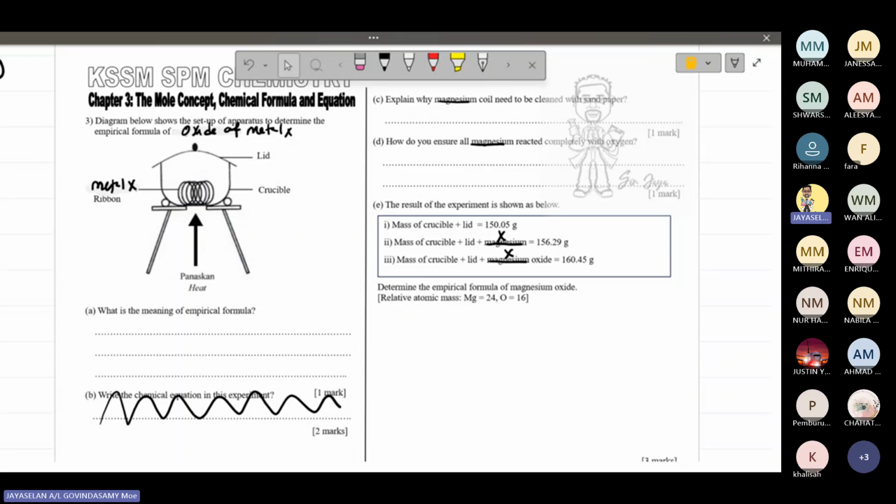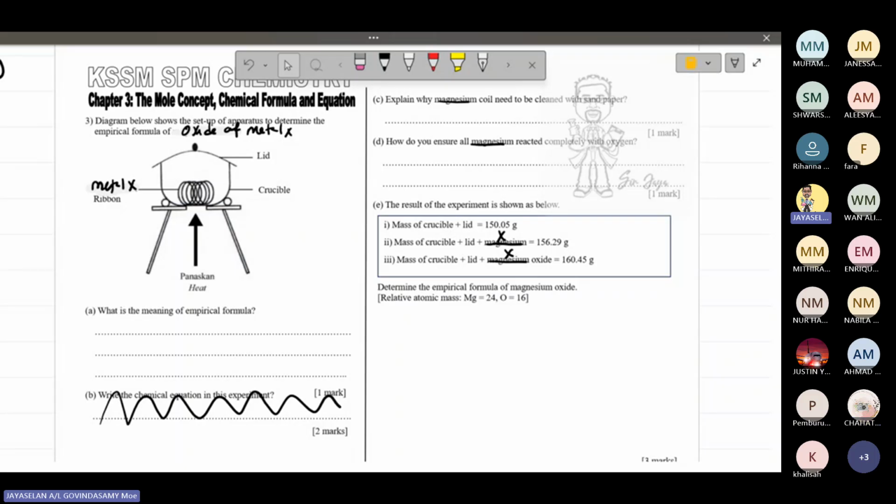C. Okay. How about Mitran? Nabila, Chahat, you're doing what question? Question D, sir. B, no need to do. The equation you cannot do because the metal is X. D, oh, very good lah you.